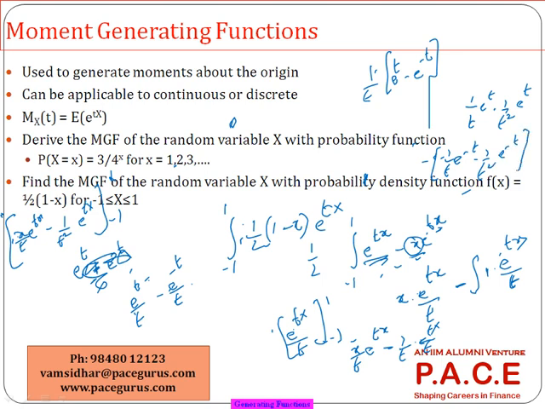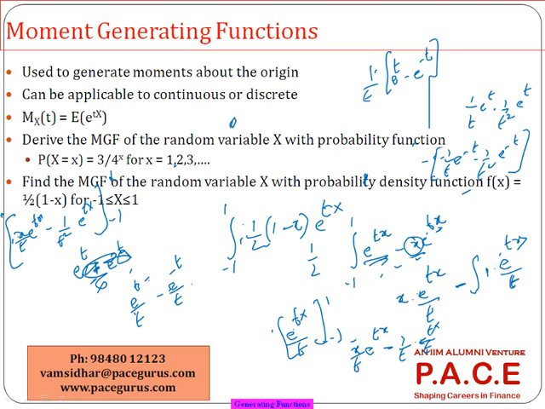Now with the basic simplification, you will typically end up with the MGF. Whatever MGF we get can be used for finding the moments, the mean, and the variance, because first I find the expected value of x, expected value of x squared, and expected value of x cube. These three can be found, and after that variance, skewness, all those formulas result from this itself.